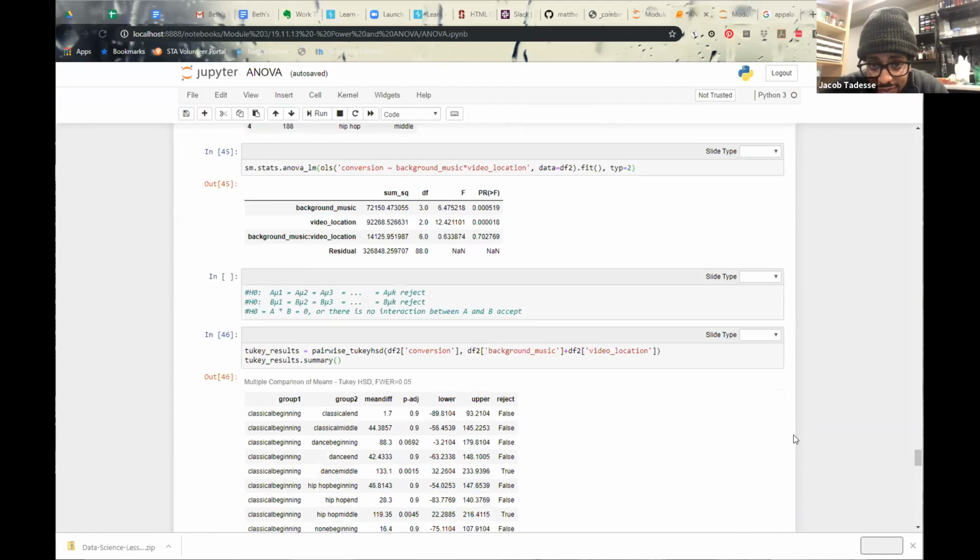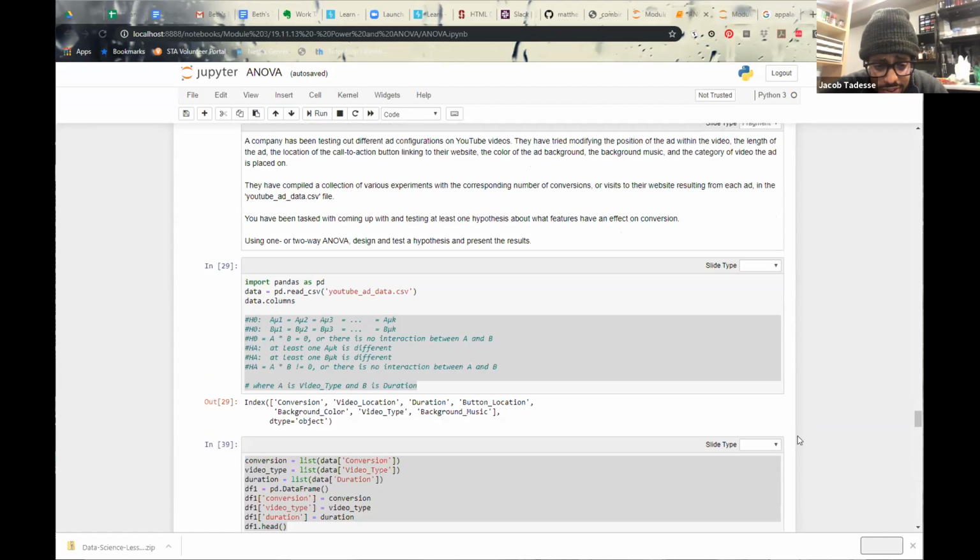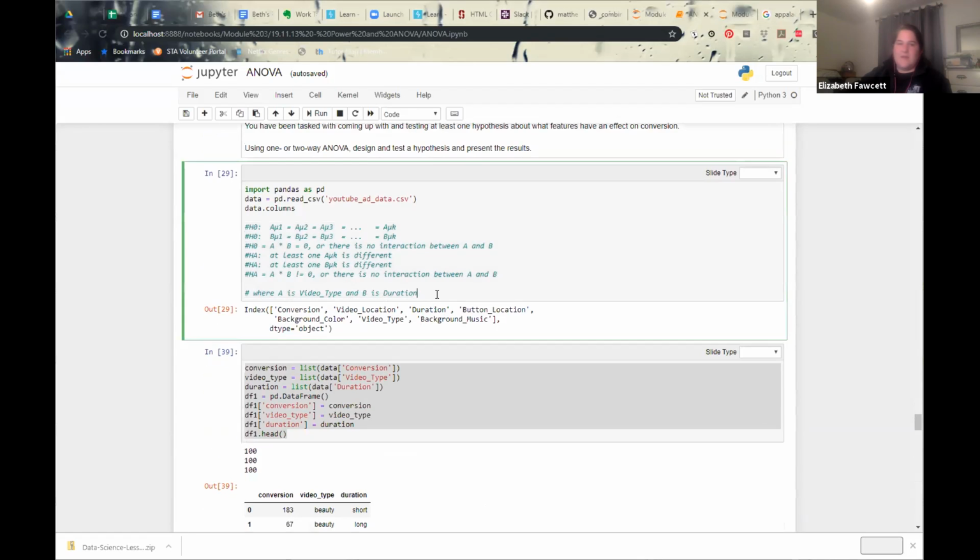Okay. So the first thing that I did is I wanted to run a 2-way. So I set up my null hypotheses and my alternate hypotheses, where basically I wanted to see if there was any relationship between the conversion and video type and duration, because those to me are the things on ads that I can understand.